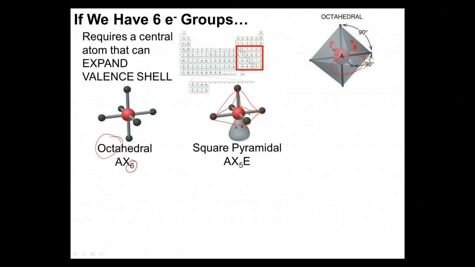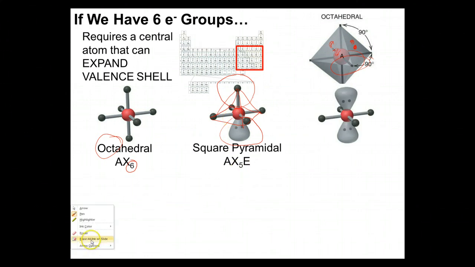But here's the thing. This electron pair is taking up lots more space than the bonds do. And that means that if we have another big squishy one come in, we want to give it the most room possible to keep it away from this other big squishy one. The place with that space is going to be the opposite side, and so that's what we're going to get.